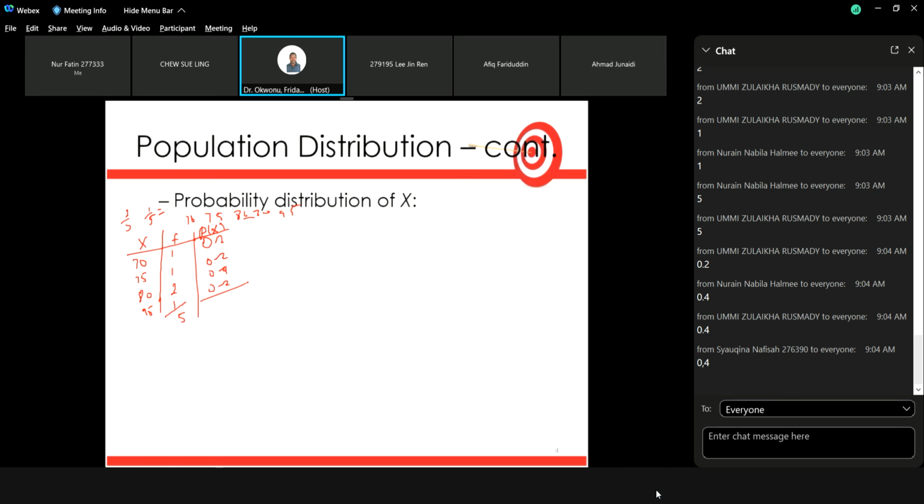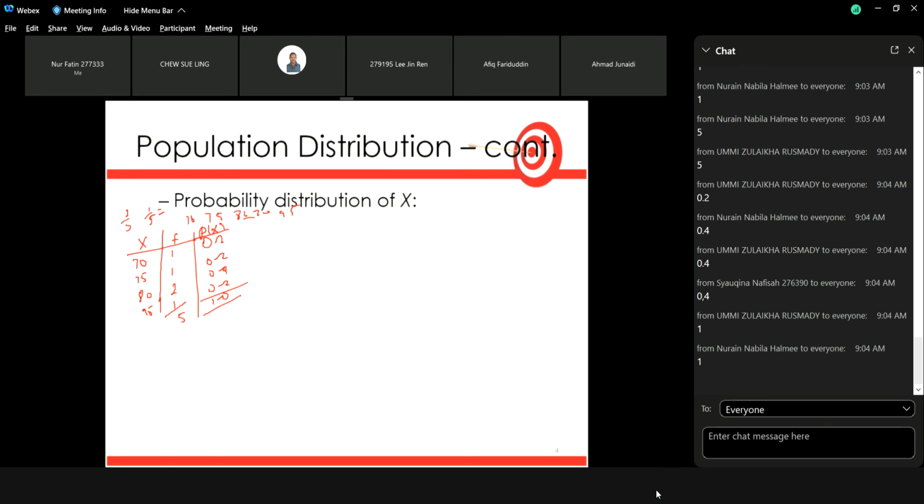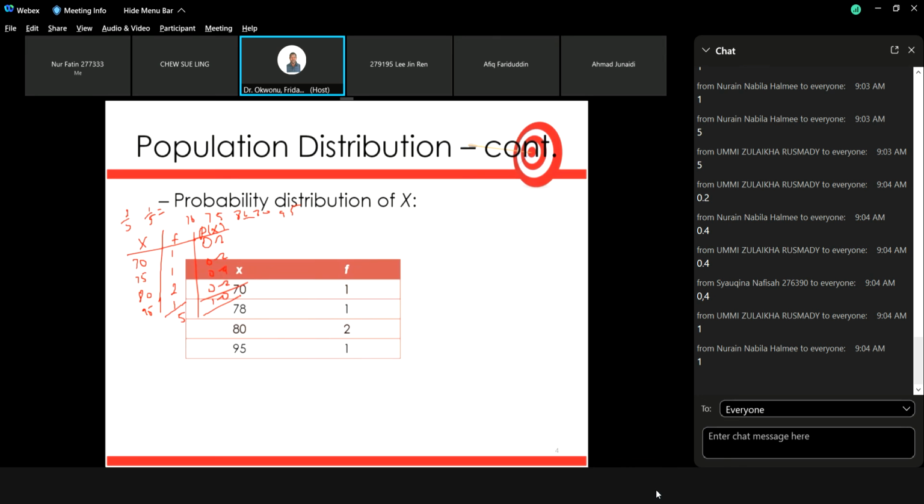What is the total probability? 1. Okay, so this is how you do the probability distribution of X. This is the probability of X. So when we talk about probability distribution, it is how the probabilities of the random variables are distributed based on how they occur.